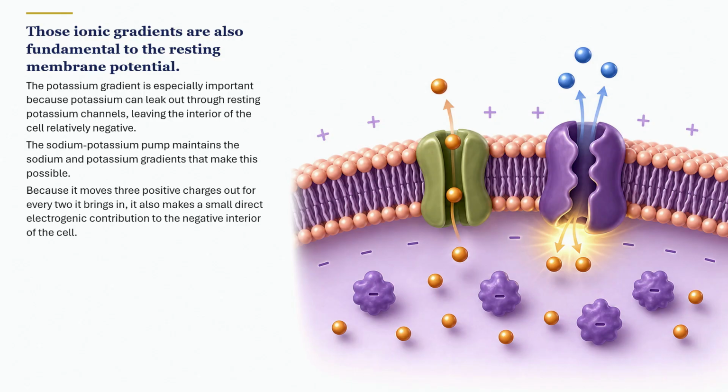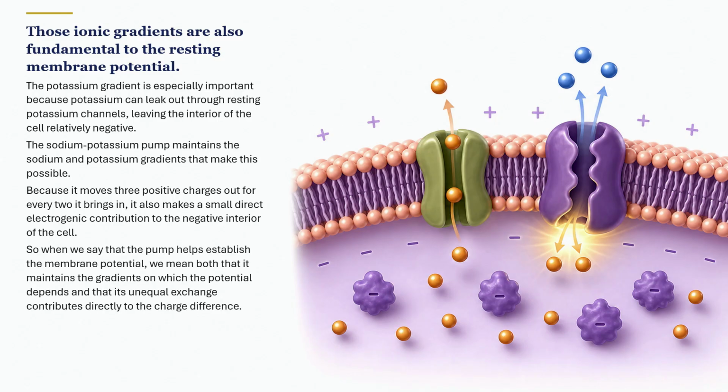Because it moves 3 positive charges out for every 2 it brings in, it also makes a small direct electrogenic contribution to the negative interior of the cell. So when we say that the pump helps establish the membrane potential, we mean both that it maintains the gradients on which the potential depends, and that its unequal exchange contributes directly to the charge difference.